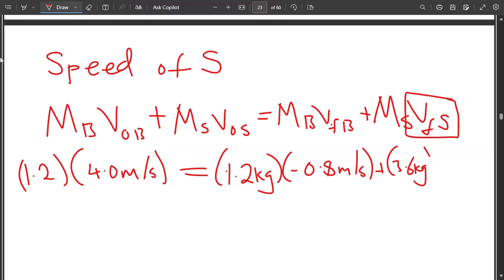3.6 kilograms multiplied by the final velocity, which is V final of ball S, that we don't know yet as of now.